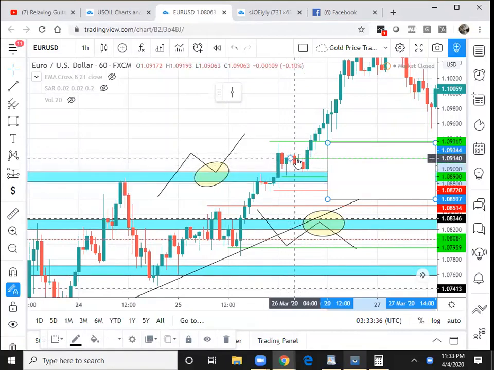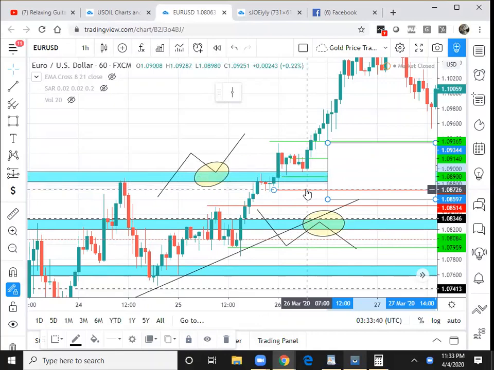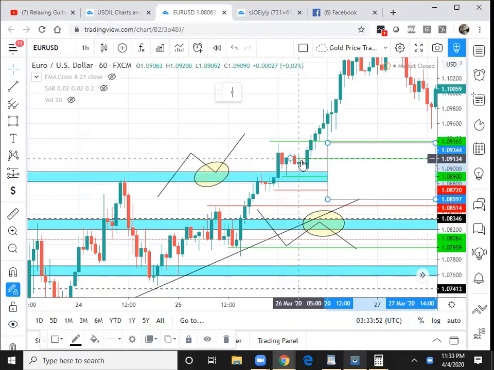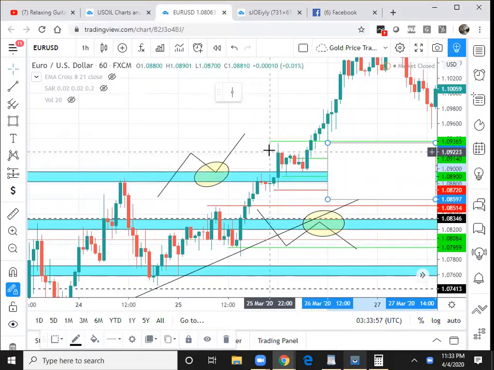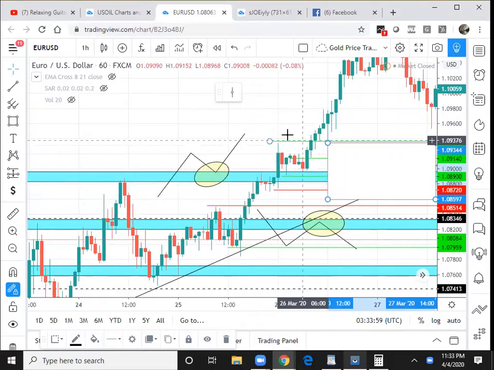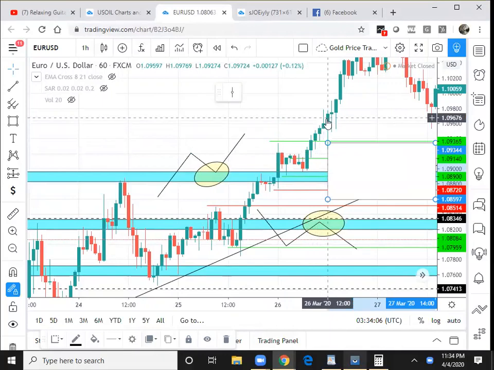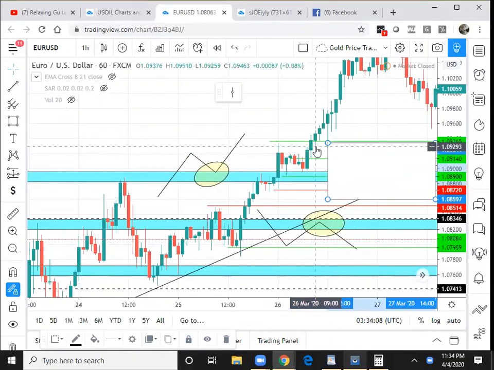You could have entered here and experienced some drawdown, but it didn't hit your stop loss. There's multiple ways that you could approach it. If you approach it higher up here, it's a safer way than anywhere in here, because this doesn't have to respect it. This could go back into this area. But if you enter higher than the previous high, it's because a bullish trend is forming, is continuing. So therefore, you're expecting it to go higher.